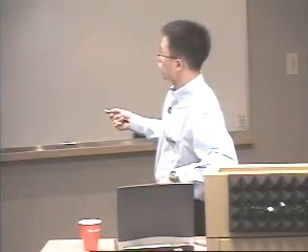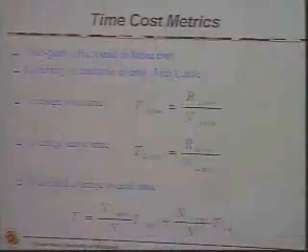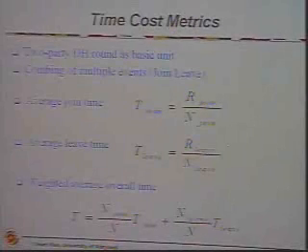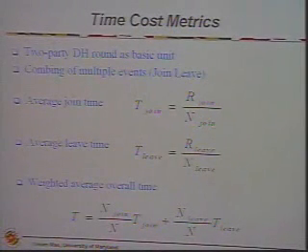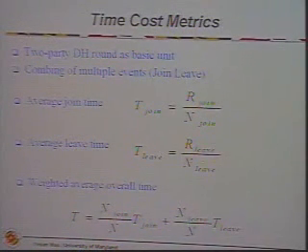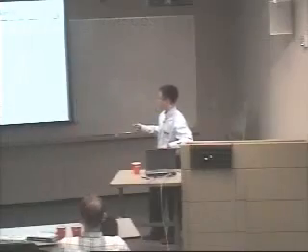Average join time T join is just the number of rounds performed during n join events divided by the number of join events. Similarly, we can define average leave time. It's the number of rounds performed during n leave events divided by the number of leave events.